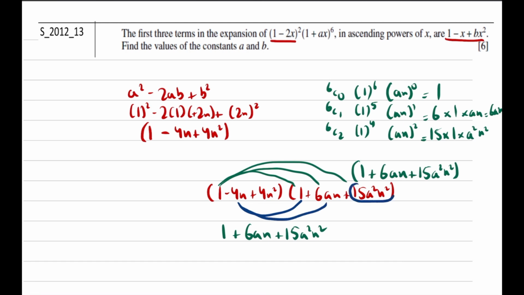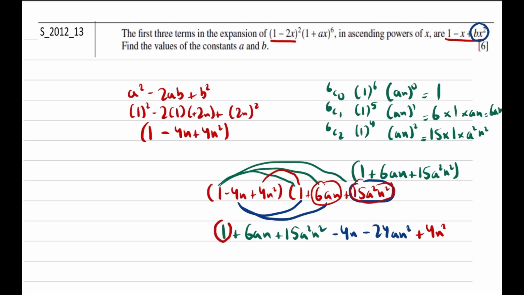I can't multiply with this because it's going to become x cubed. But here it's max till what? X squared. So it's going to be minus 4x minus 24ax squared. Got this? Then मेरा बच्चा 4x square will only be multiplied by 1. Why? Because if you multiply with this, it's going to become x cube or x power 4.